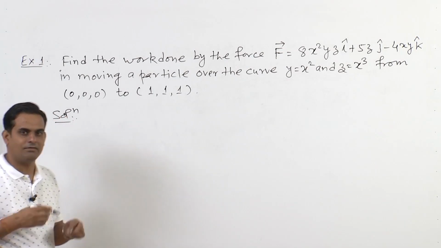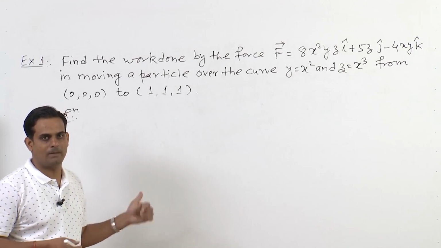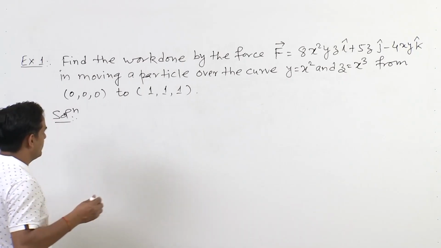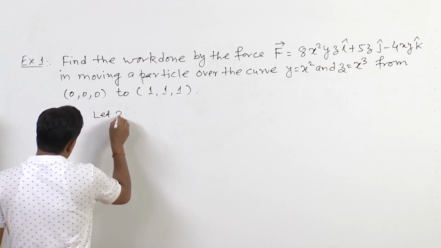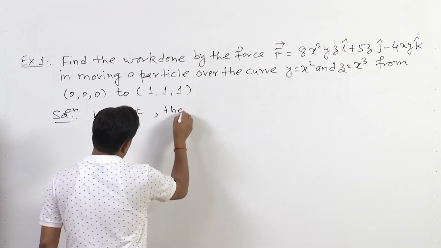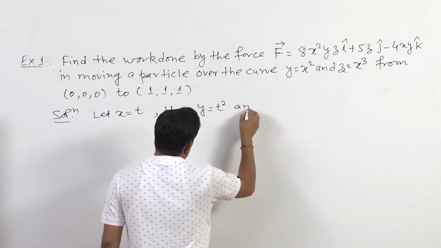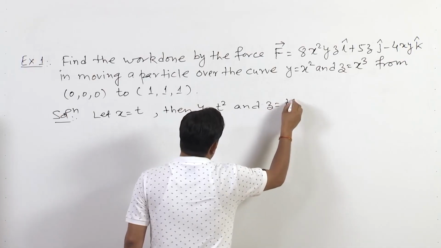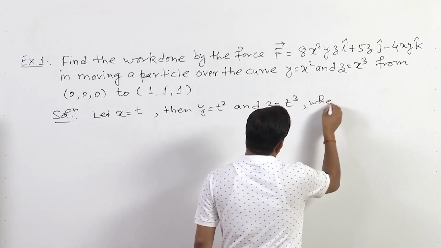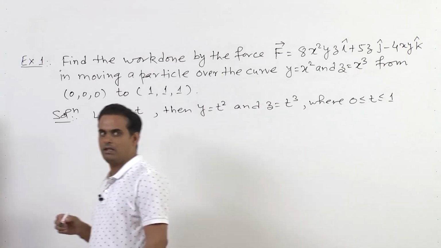So, first of all, as we have done in line integral, we need to find the parametric representation of the curve C, and then only we can evaluate the line integral. So, let x equal t, then y will become t square and z, which is x cube, will become t cube, where t is in the closed interval 0 to 1.